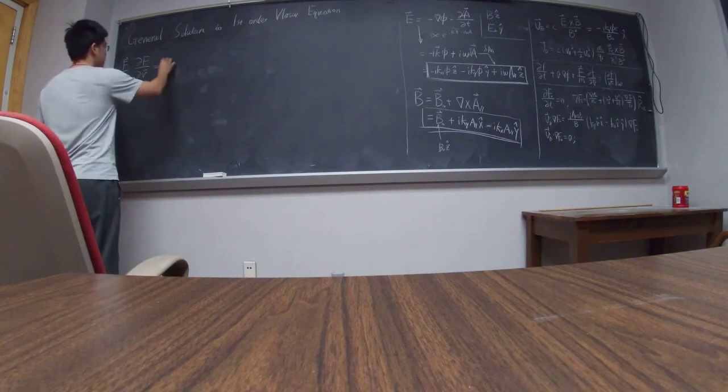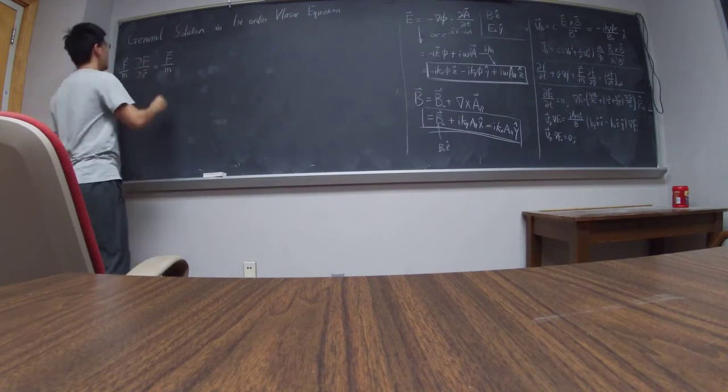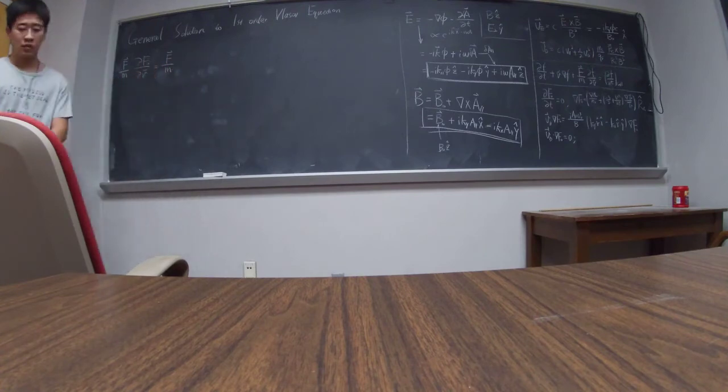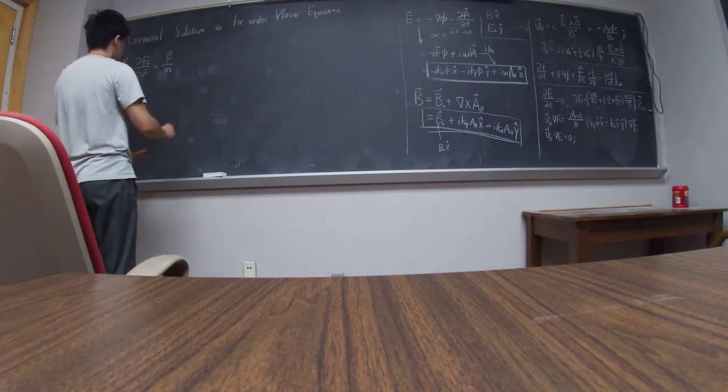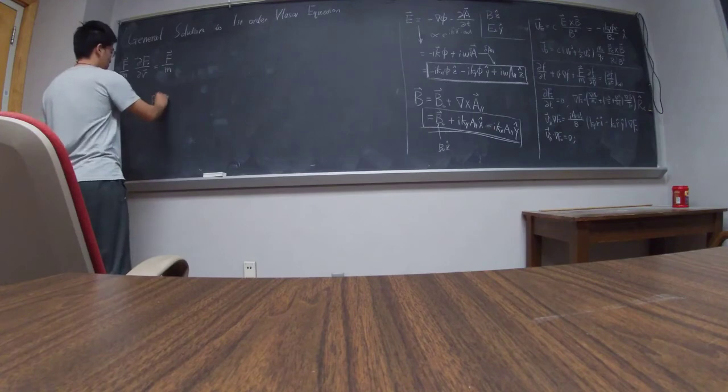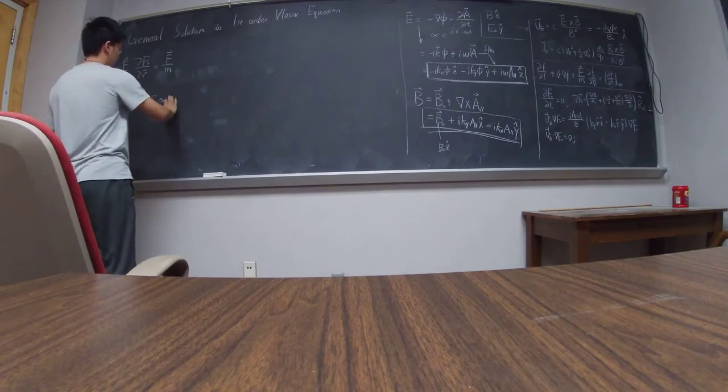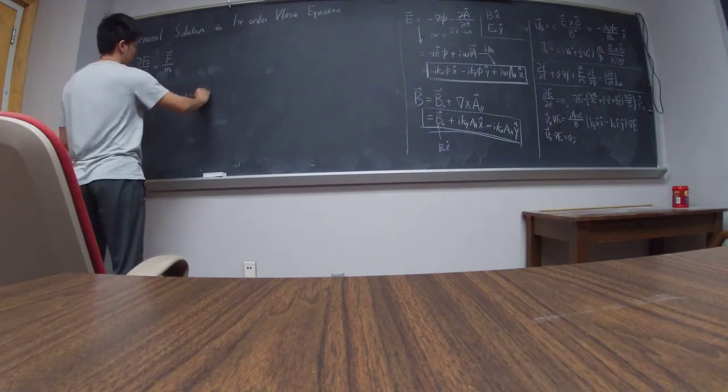So we have the f naught is proportional to the exponential of v squared over 2t.